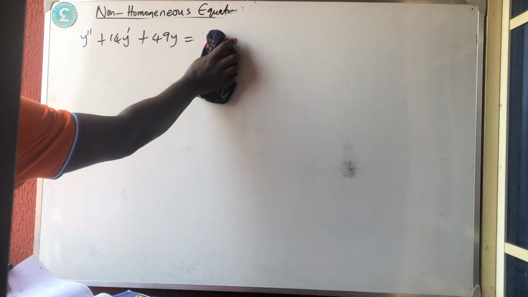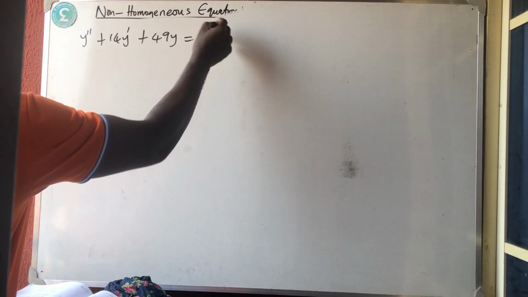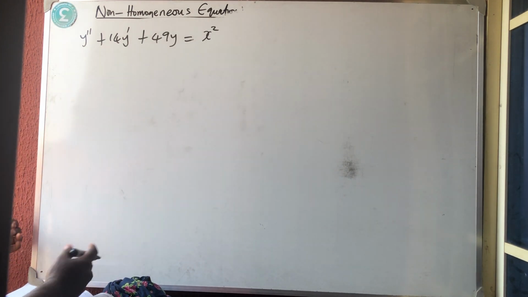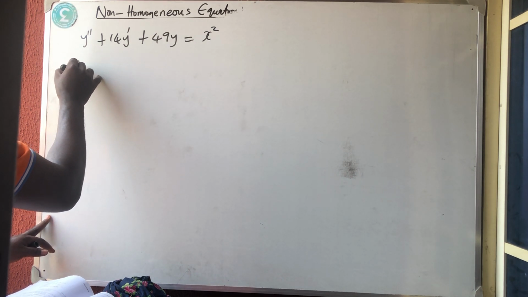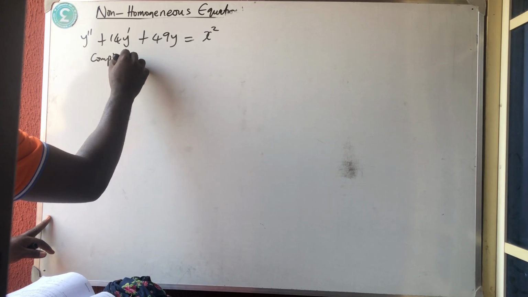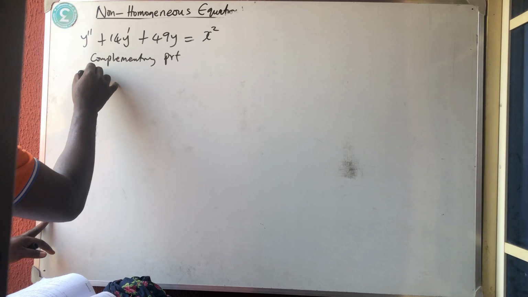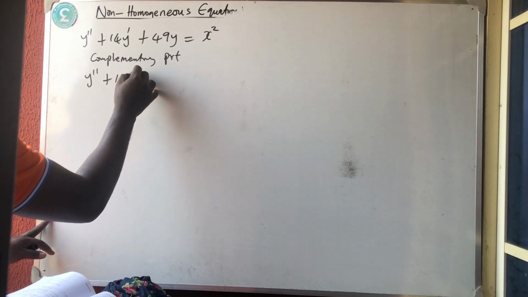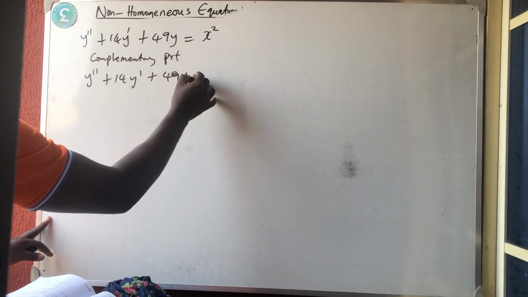This one gave us, okay, let me use this, is equal to, they said x squared. Okay, so normally what do we do? Our normal method for the complementary part, I'll say that y double prime plus 14y prime plus 49y is equal to 0.